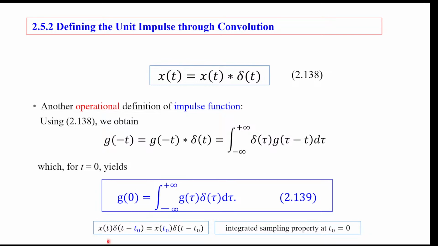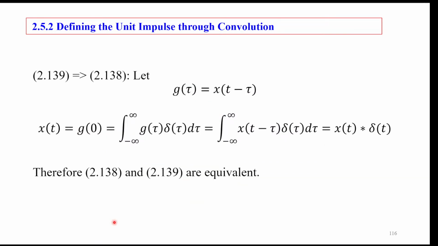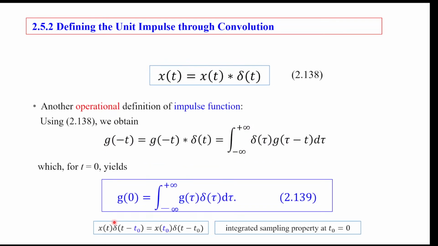Remember, the sampling property was x of t times delta of t minus t0 equals x of t0 times delta of t minus t0. So from this operational definition, you can basically get back the sampling property.